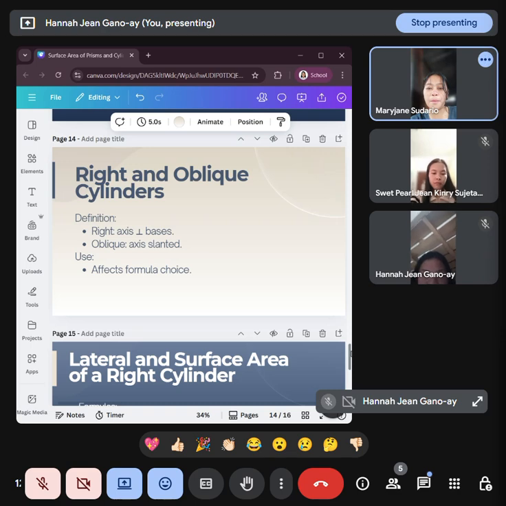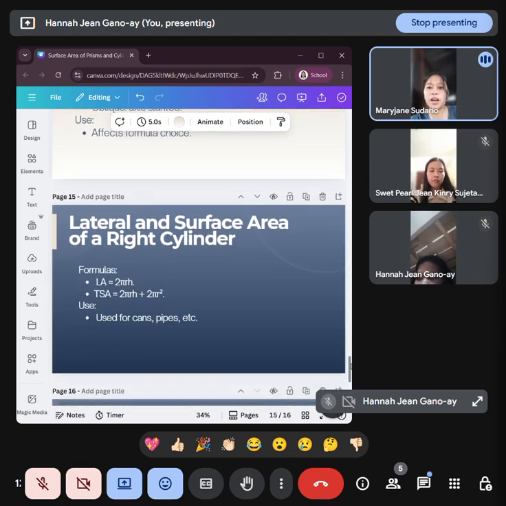And for the last topic, the lateral and surface area of a right cylinder. For a right cylinder, the lateral area comes from unwrapping the curved surface into a rectangle. The total surface area includes the top and the bottom circles.